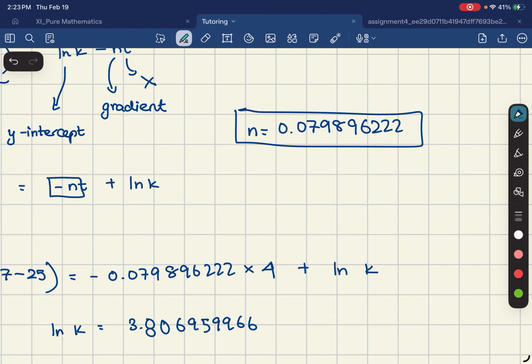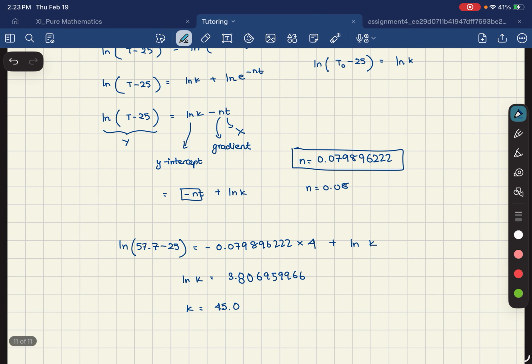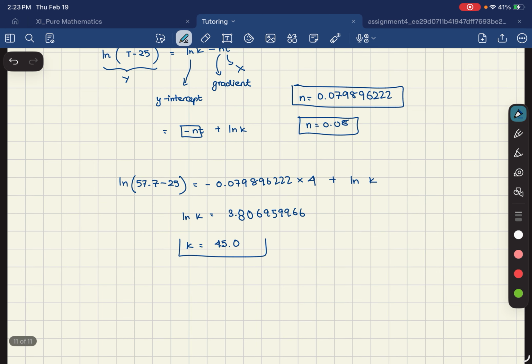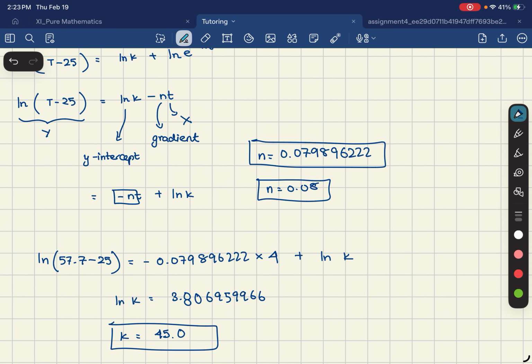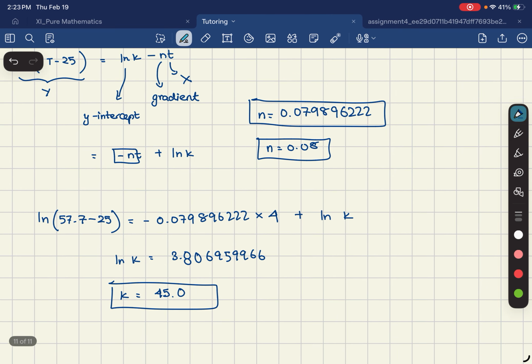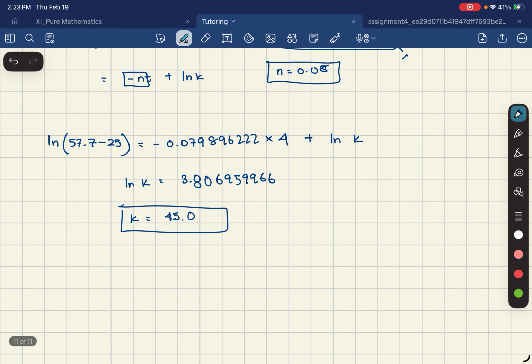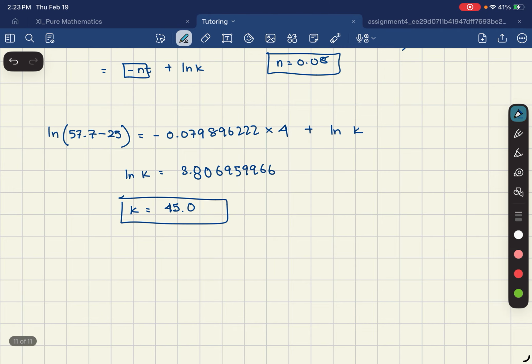And my n is 0.08 to 1 significant figure. Let me confirm: this is exactly how the textbook has it. They estimated n to be 0.08 and k to be 45. These are more accurate values, but they have estimated this to 1 sig fig and this to 3 sig figs, so 45.0.